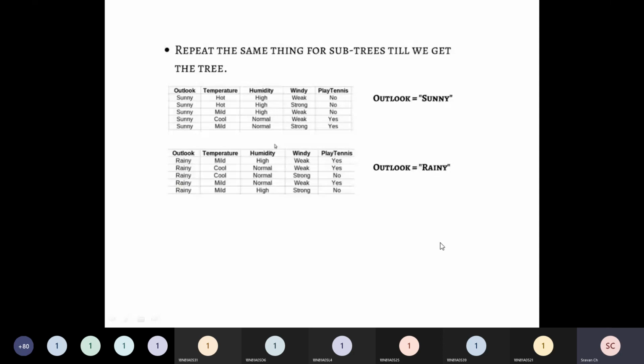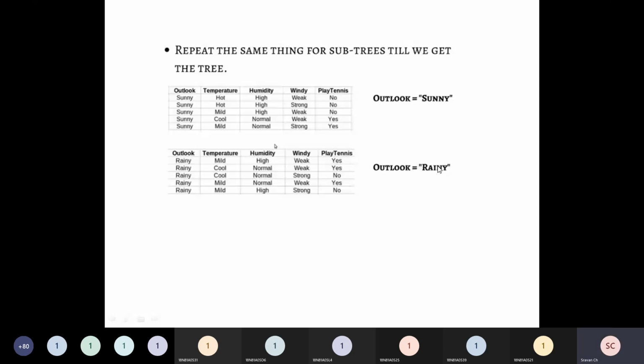Overcast, I don't have a problem, all are positive, and straight away I can make it a leaf node. Now if you observe here, I brought these 5 records from my main data set where Outlook value is sunny. Similarly, I brought these 5 records from my main data set where Outlook value is rainy.